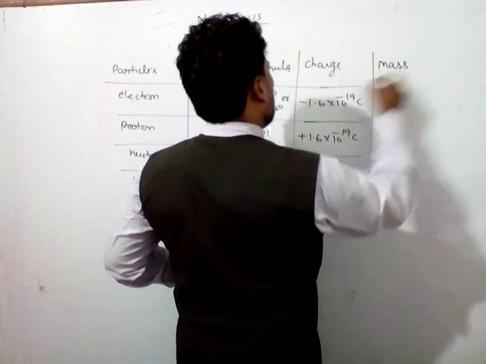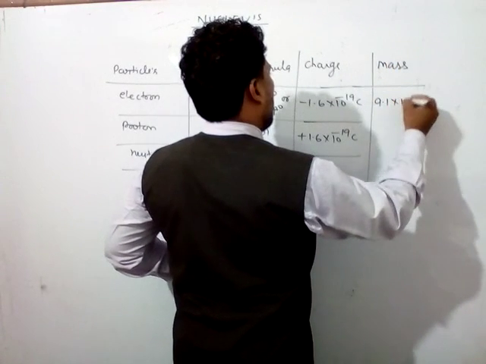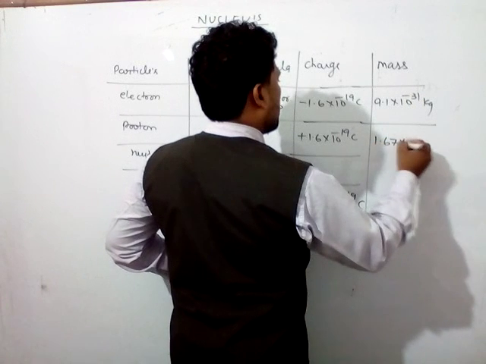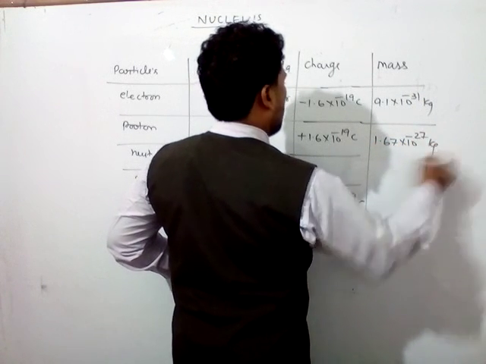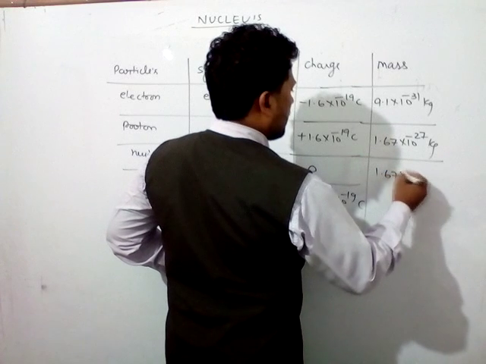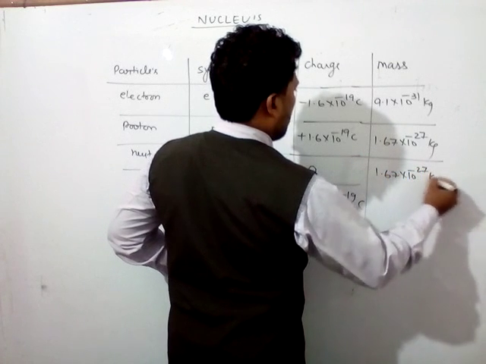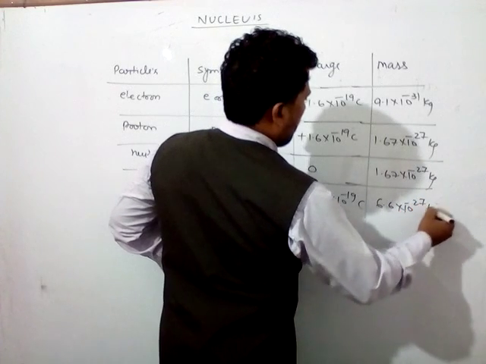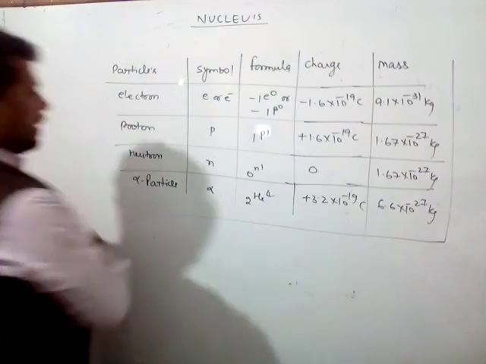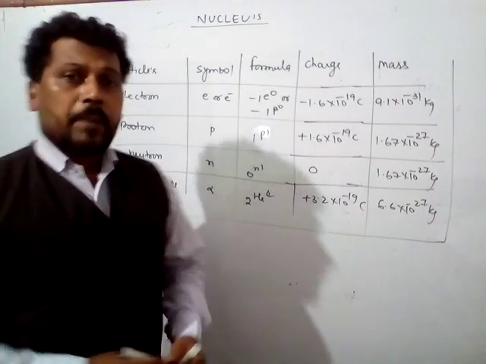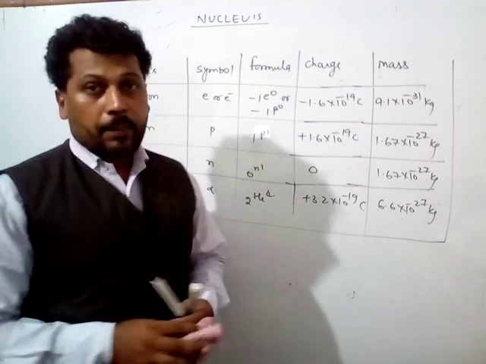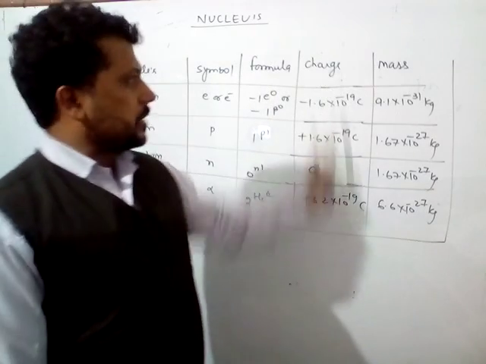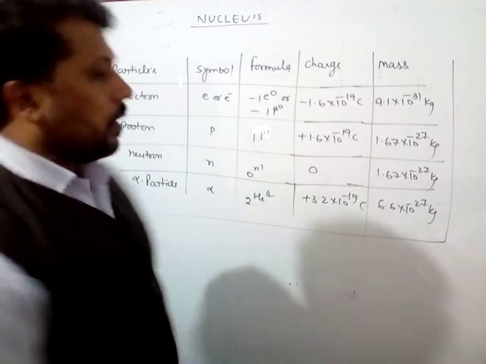And mass: electron 9.1 into 10 power -31 kg, proton 1.67 into 10 power -27, neutron 1.67 into 10 power -27 and alpha particle 6.6 into 10 power -27 kg. So in this way these are the symbols, formulae, charges and masses for all the particles.